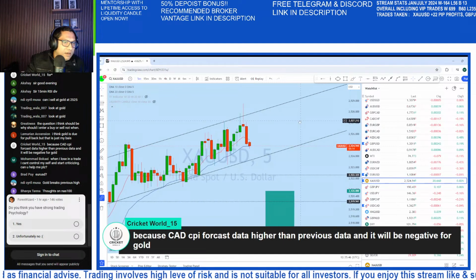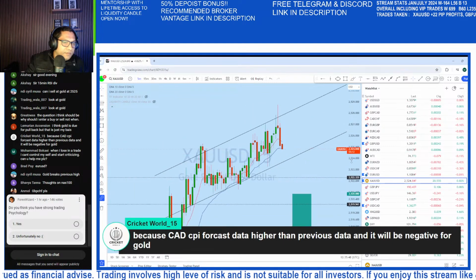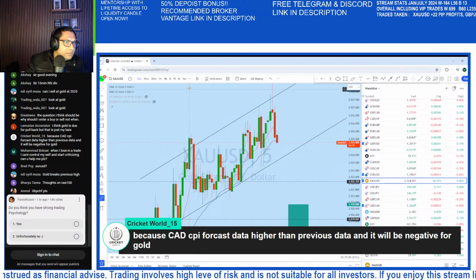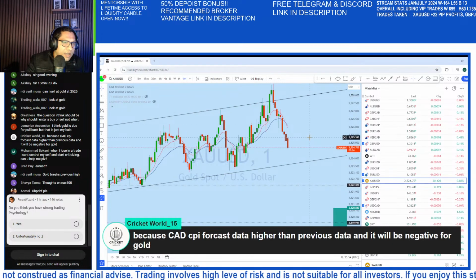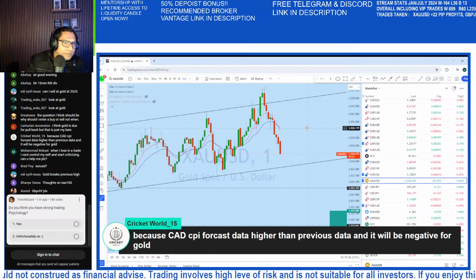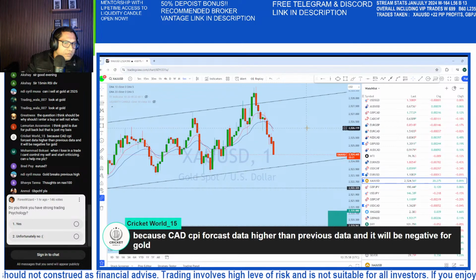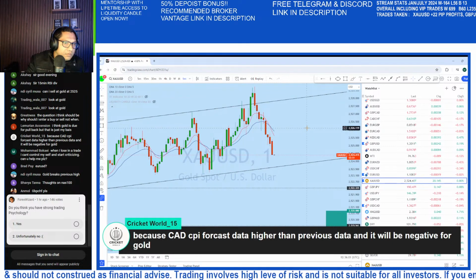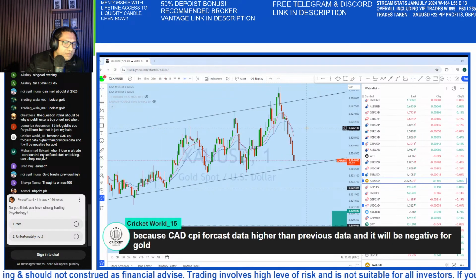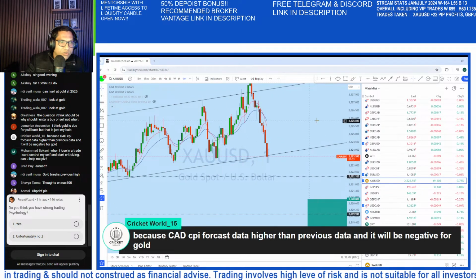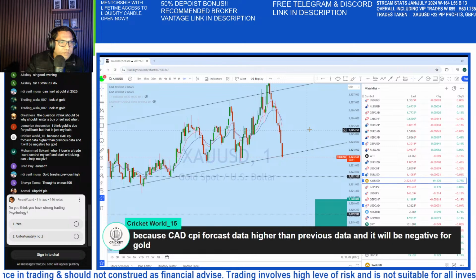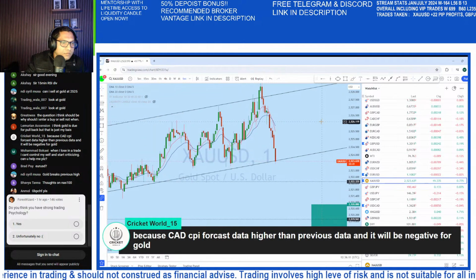They want to see that complete break of structure. You see there's a gap open also. Okay, gold, we have seen that break of structure on gold.